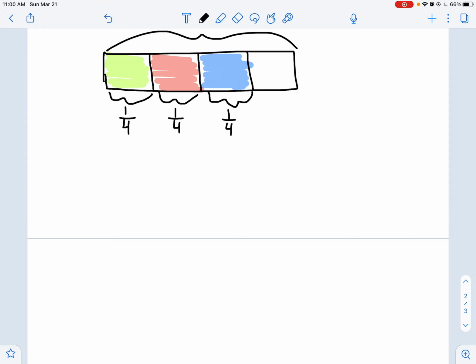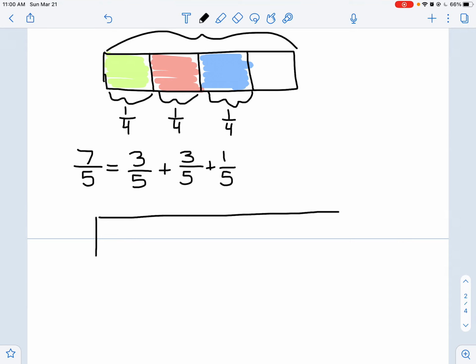Okay? They ask you to show something like 7/5 as 3/5 plus 3/5 plus 1/5. Okay, again, we want fifths, right? So we're going to make a rectangle, but here's the tricky part.